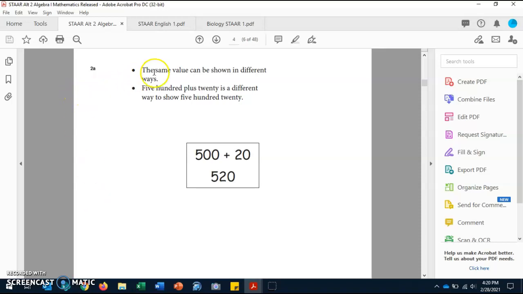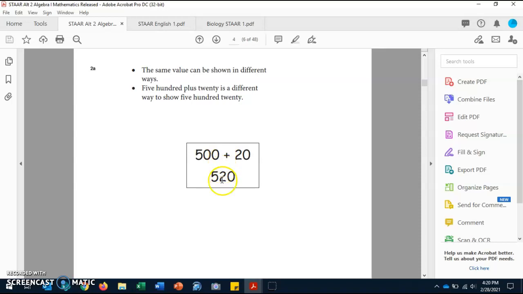Question number 2 says, the same value can be shown in different ways. 500 plus 20 is a different way to show 520.